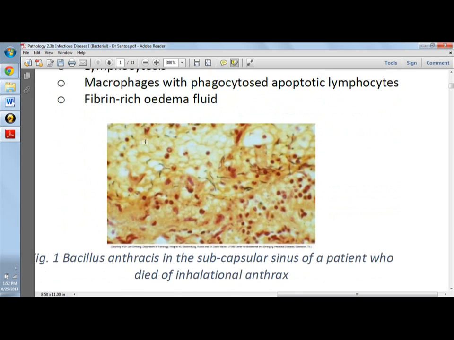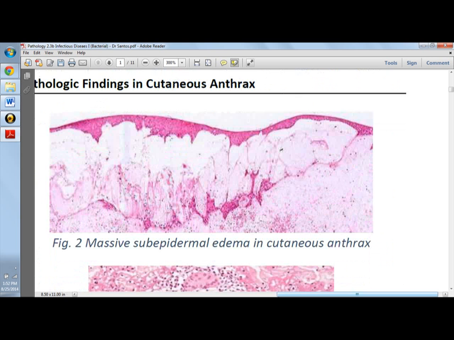This is actually a picture of fibrin-rich material, predominant in alveolar capillaries and venules and sometimes in alveolar spaces.